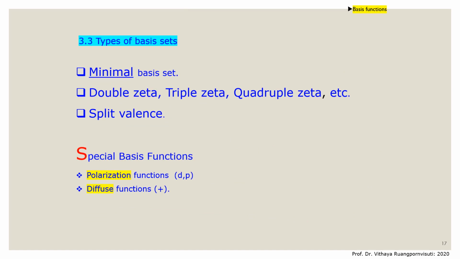Types of basis sets. The first one is the minimal basis set. The minimal basis set is the smallest basis set. We may call it the single zeta basis set. The second: double zeta, triple zeta, quadruple zeta, etc., are the extended basis sets.